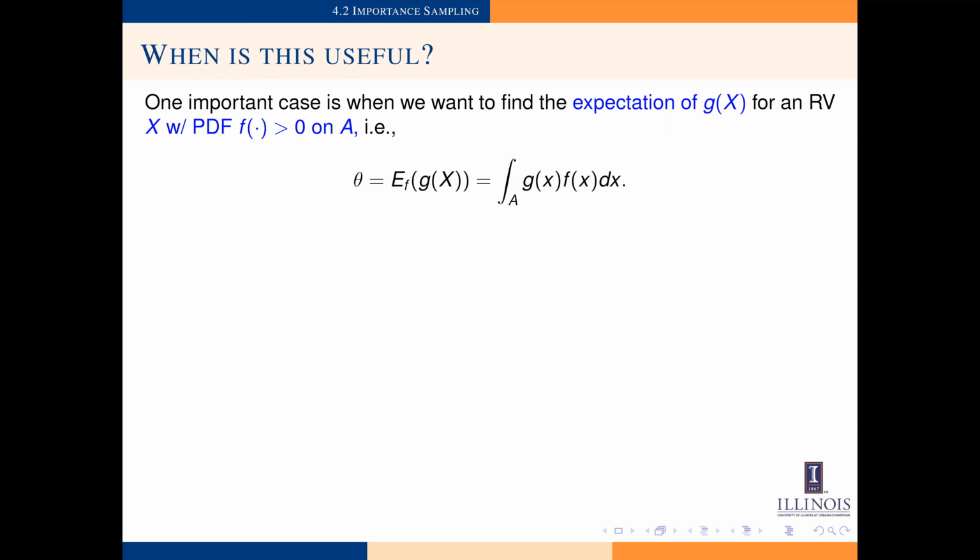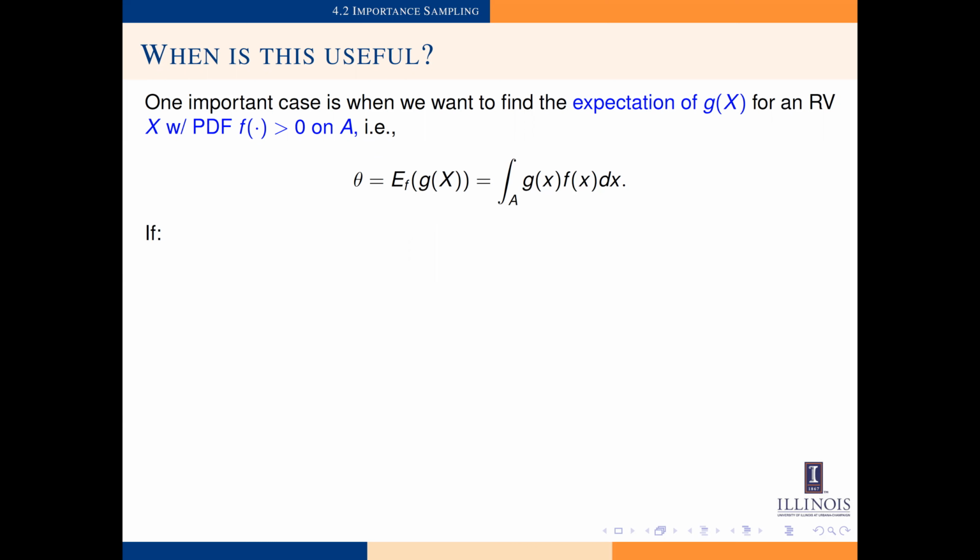An important case where you can apply the Monte Carlo integration methods is when we want to find the expectation of g of x for a random variable x with probability density f on some region A. So the support of x is the region A. Then in this case, the expectation we try to find, theta, is equal to E_f of g(x), which is given by the integral over the region A of g of x times the density f(x) dx.